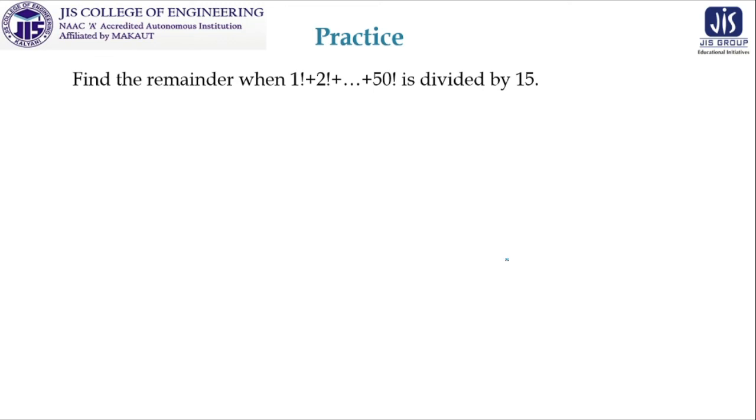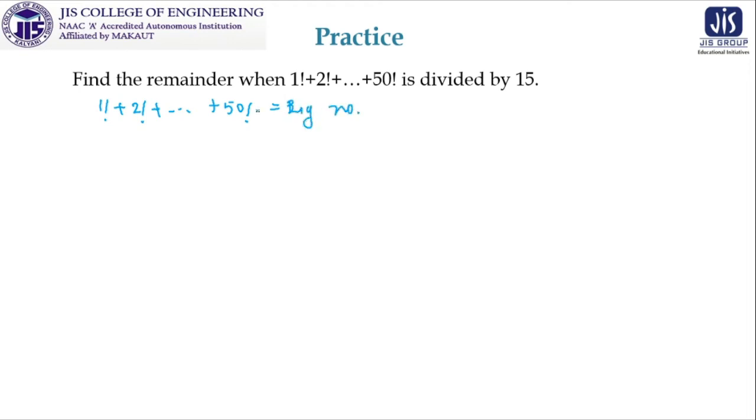We are now going to face one problem. You will not have any clue where these types of problems are coming from and how to find out the solution. Because look at this, this is not a very simple problem, but it is obviously simple after some time, after 5 minutes. 1 factorial plus 2 factorial, in this way if you go on, plus 50 factorial, it is a big number.